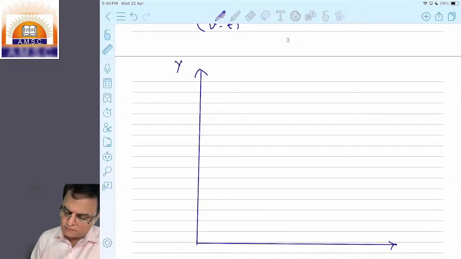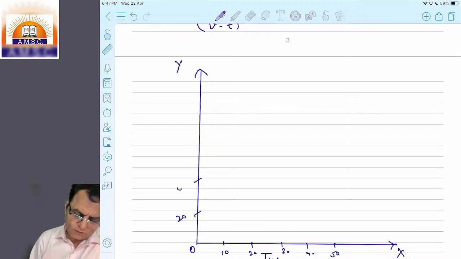this is the y-axis, this is the x-axis, this is time. Now let's consider the time. This is 10 seconds, this is 20 seconds, 30 seconds, 40 seconds, 50 seconds. And this is 20 meter per second, 40 meter per second, 60 meter per second, 80 meter per second, 100 meter per second.